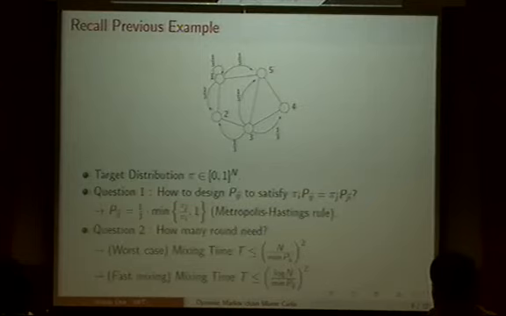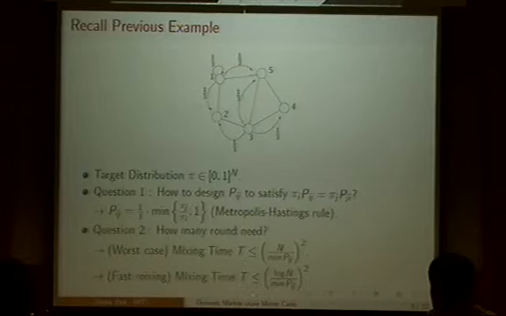Now for the second question, how many rounds are needed? In general, mixing time is roughly n squared, where n is the number of nodes. This is the worst case mixing time. But in a good case, mixing time can depend on log n, which is much smaller than n, or sometimes this can be constant.